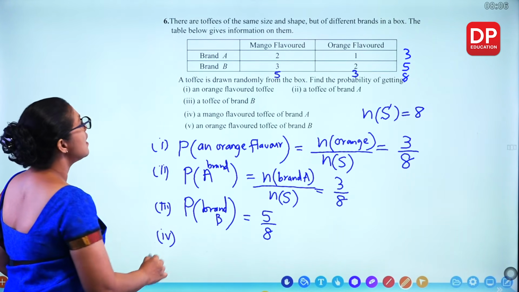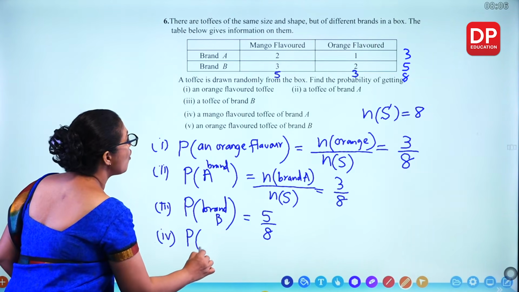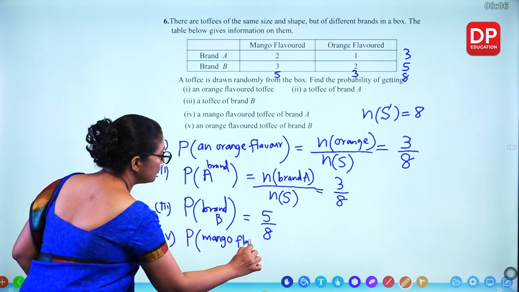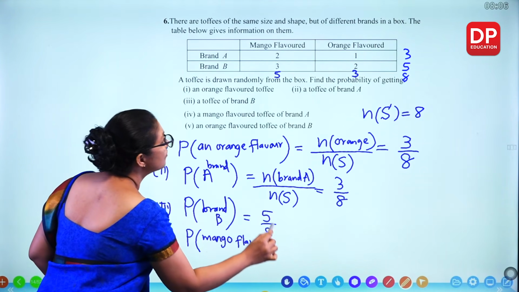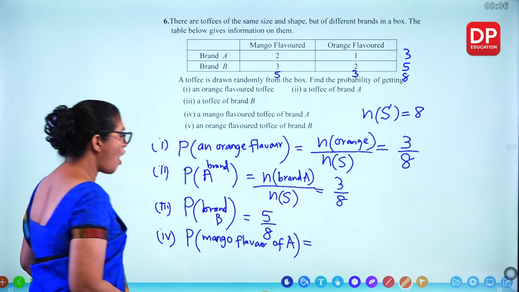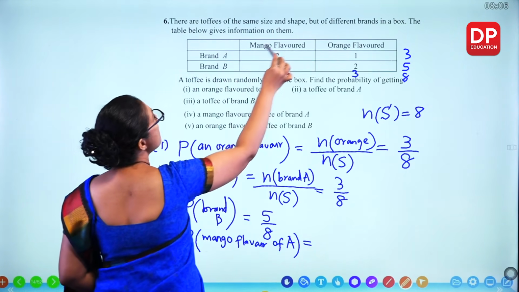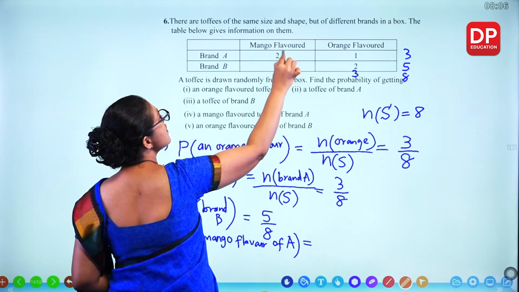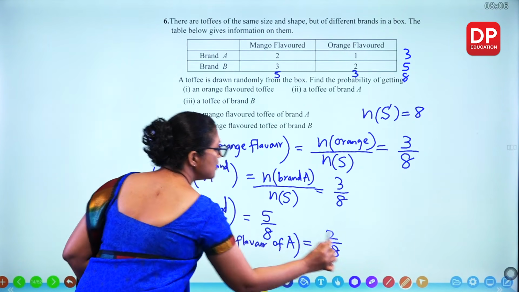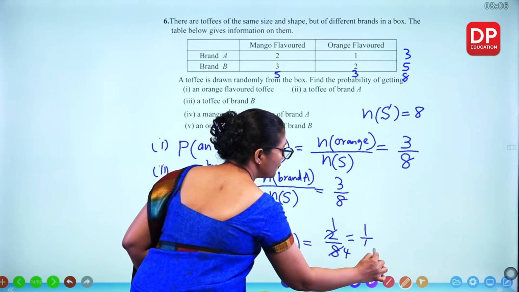Fourth part, a mango flavored toffee of brand A. Now they want the mango flavored one, brand A. Now we'll see how many mango flavored of A. Mango flavored A is just 2 toffees. So 2 over 8. You can simplify and write 1 over 4.